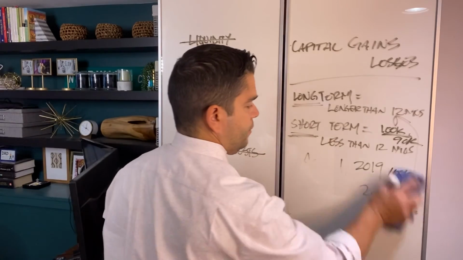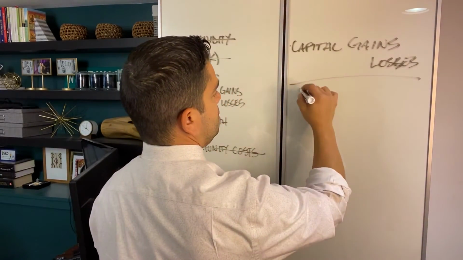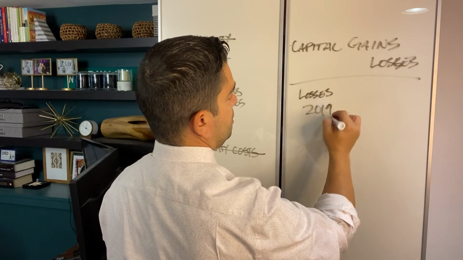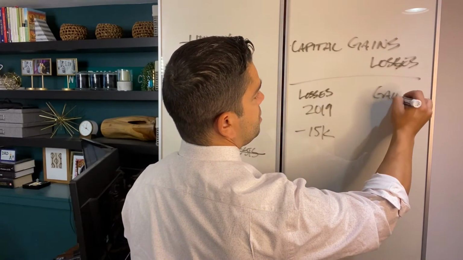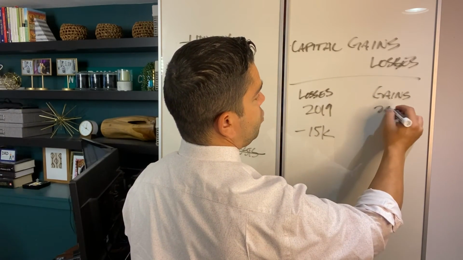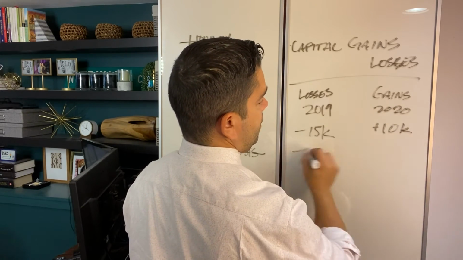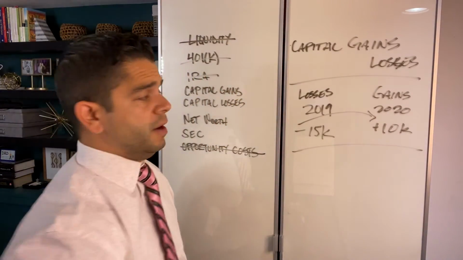Well, then you can take your capital losses from 2019 and your gains from 2020, and you can use your losses to offset your earnings from this year.